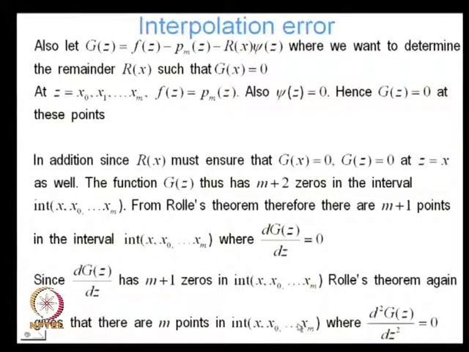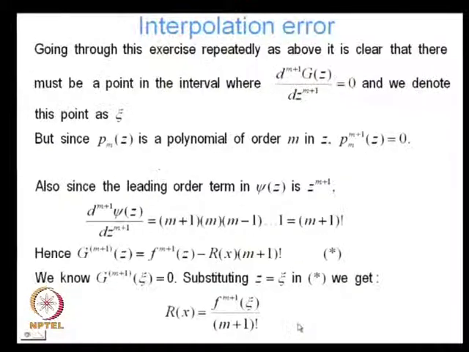Similarly, if we go through this over and over again, it is clear that there must be a point in the interval where the m plus 1th derivative of g(z), d^(m+1)/dz^(m+1) g(z), must be equal to 0. There must be one point in that interval where this is equal to 0, and let us denote that point as xi.